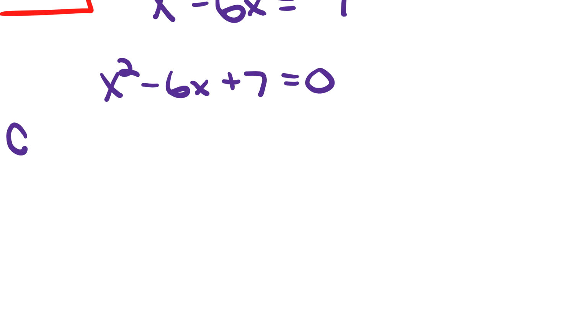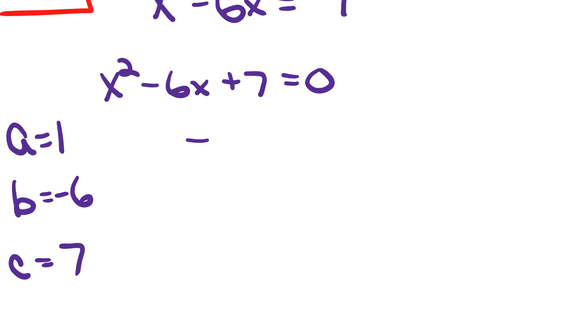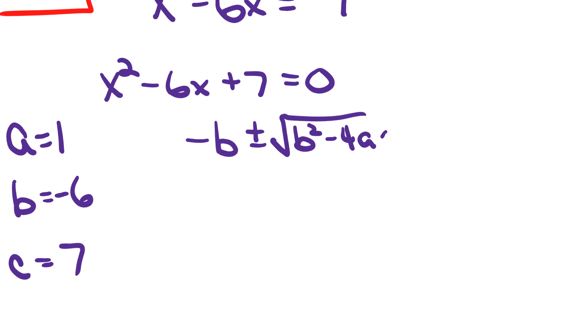I'm going to say that a equals 1, b equals negative 6, and c equals 7. Now I'll use my quadratic formula. We know it to be negative b plus or minus the square root of b squared minus 4 times a times c, all divided by 2a.